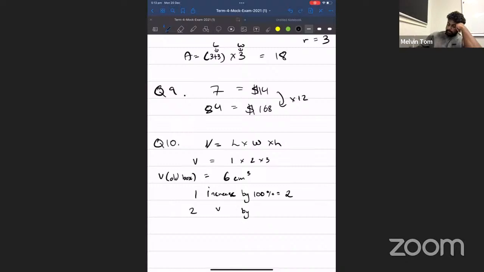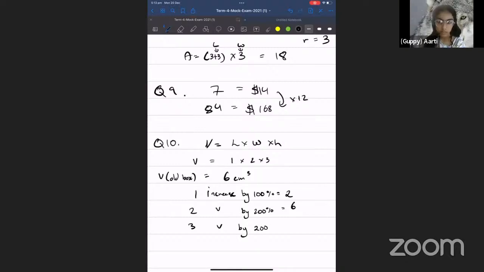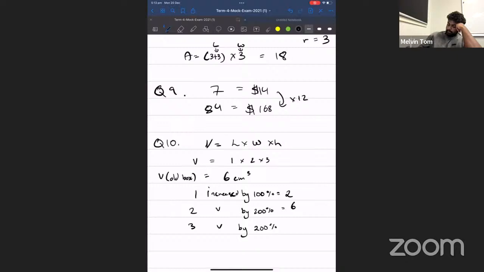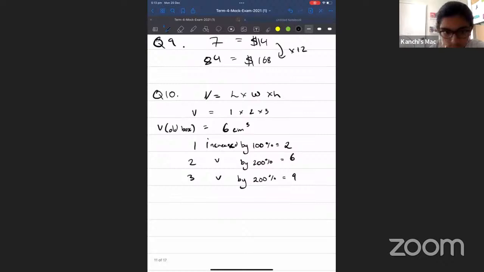Two by 200%. Melvin, can you read the line that says 1 increased, I think? Yeah, 1 increased by 100%. Okay. So new dimensions.